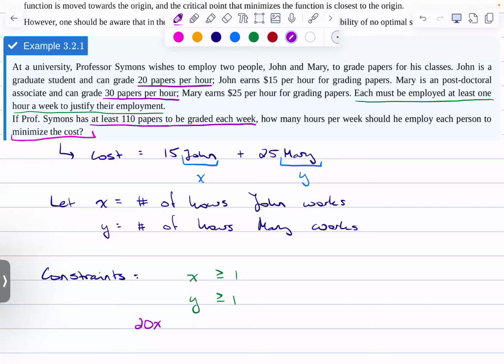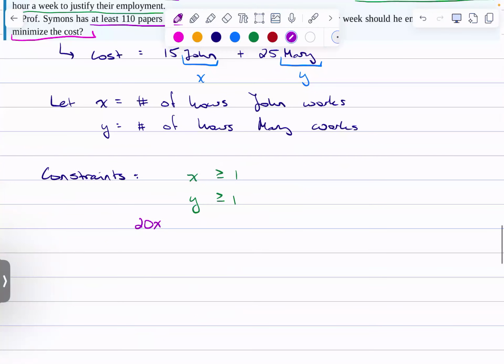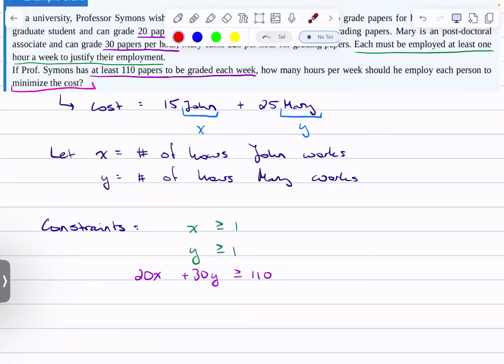She can grade 30 papers per hour, right? So together, 20X plus 30Y has to be at least, and that's kind of a tricky one, I think, greater than or equal to 110.